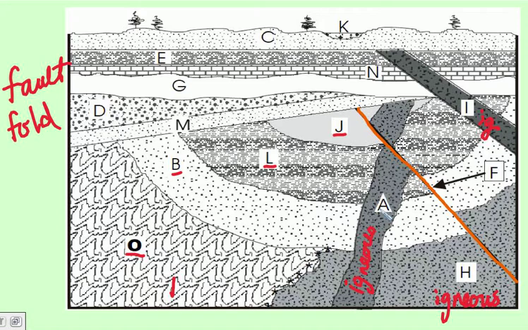Okay, I do have a little bit of tilt to these layers up here. Tilt's occurring with D and M. Let's color code those. Tilt happened to these 2 layers. And then my last few features, I do have some erosion. Again, as usual, I've got erosion on the surface.